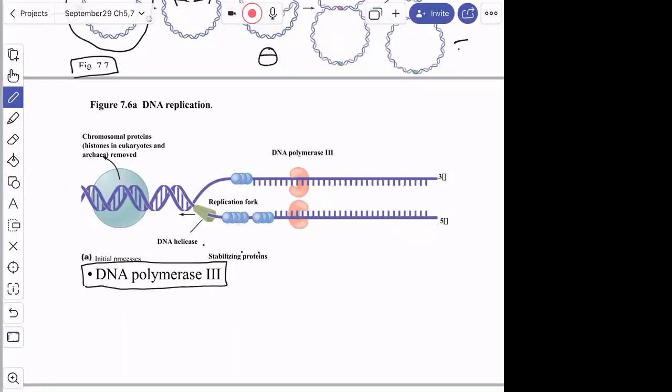It adds those triphosphate nucleotides onto the existing strand. Let's write that. That's what the enzyme does, adds triphosphate nucleotides to the 3' end of the growing DNA strand.